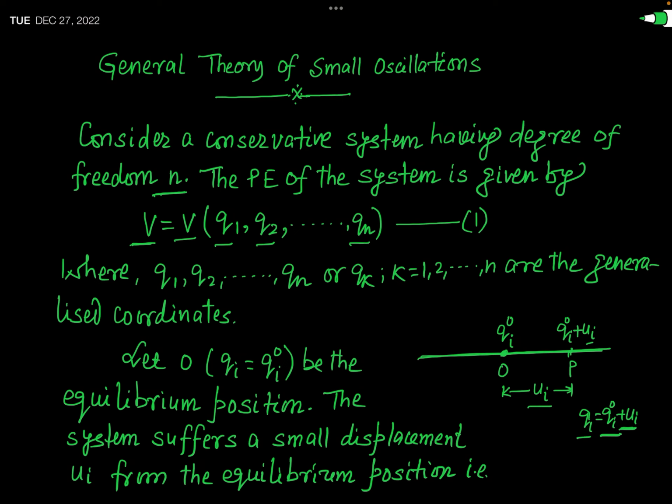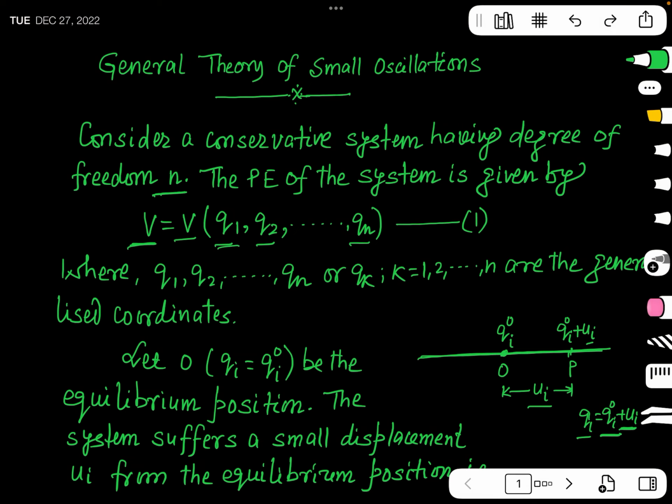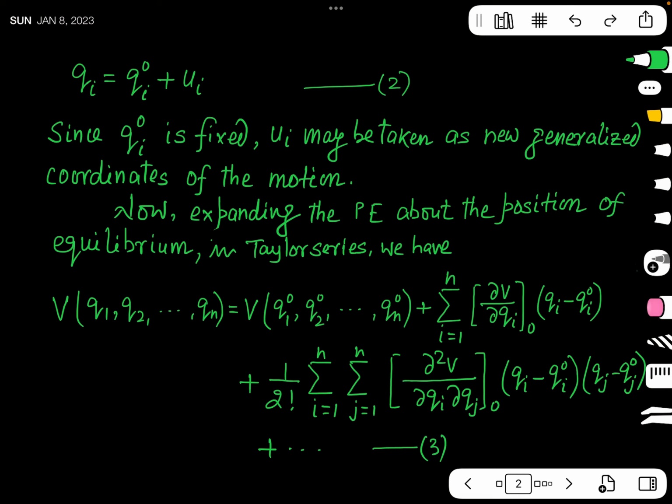Okay. So let us see that the potential energy function V is a function of n independent variables from q1 to qn. So this potential energy function may be expanded in a Taylor series, or Taylor expansion, about the equilibrium position.